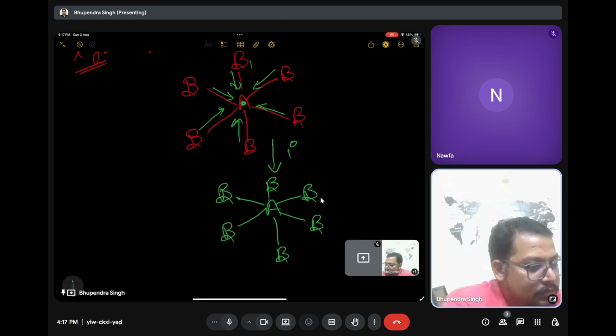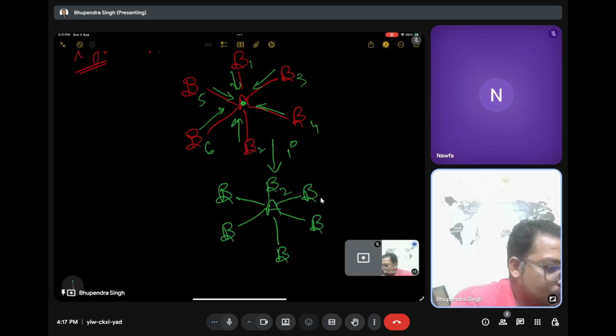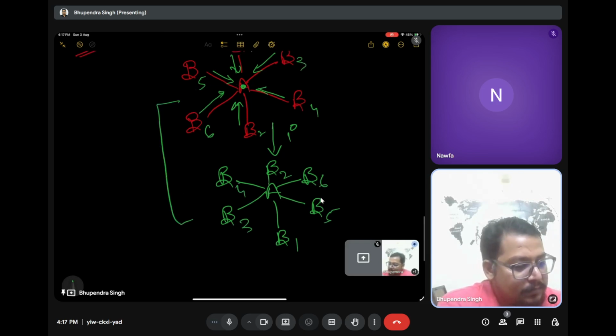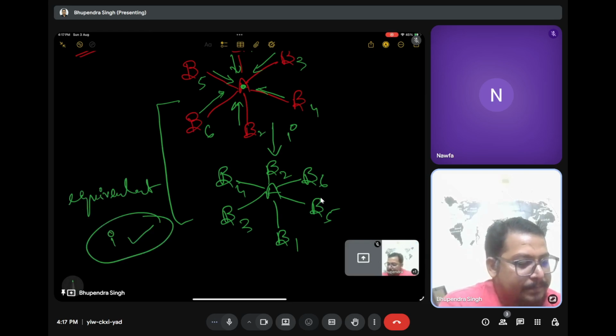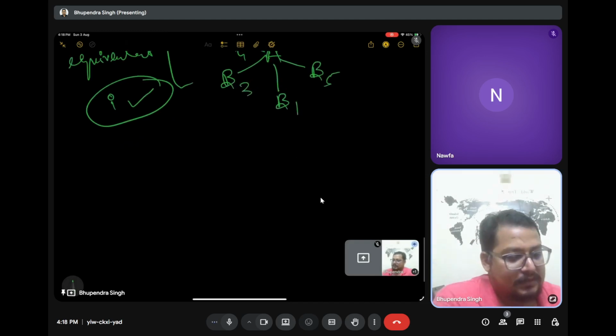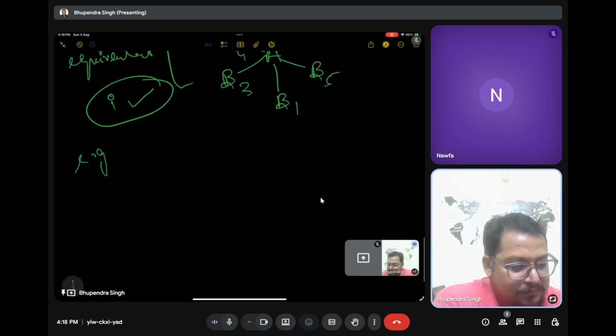Let's say 1 2 3 4 5 6 becomes 2 1 6 3 5 4. So they are equivalent. So I is present here. Next, let's say this, we use this swastik sign.